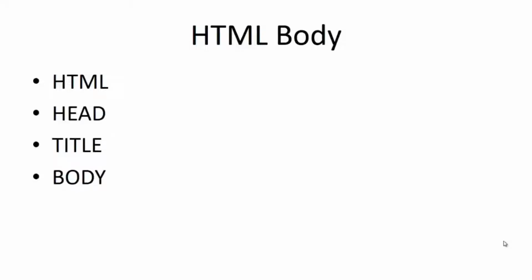Now, before I move on to video number 2, we are going to talk about the basic structure of an HTML body. Whenever you create a new HTML page, basically what it looks like is at the top, you're going to have an HTML tag, and think about it wrapping around everything. So you have the HTML, and you have the head, which is right underneath the HTML.